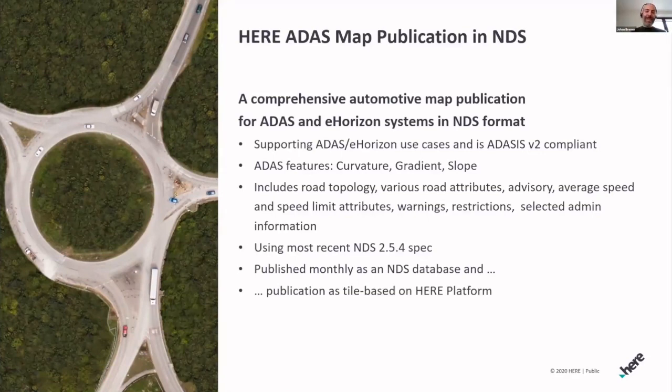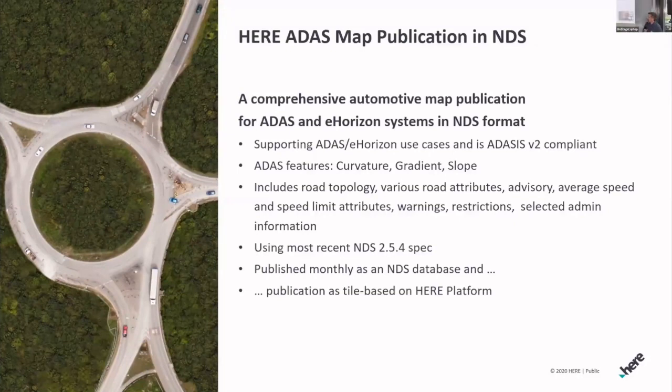That will be a old-fashioned way of distributing, plus also our HERE platform. And soon I will have to add a line to this slide saying that this is also available through NDS Live. So Boris, back to you. Thanks, Johan.